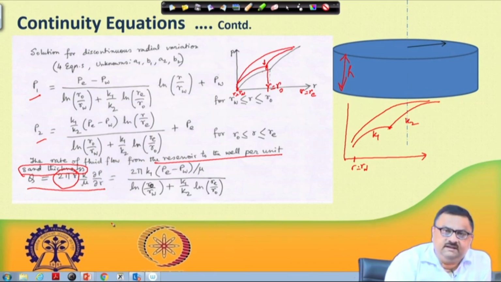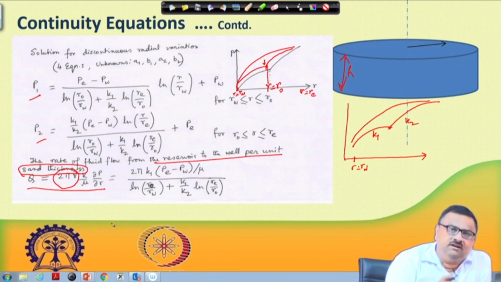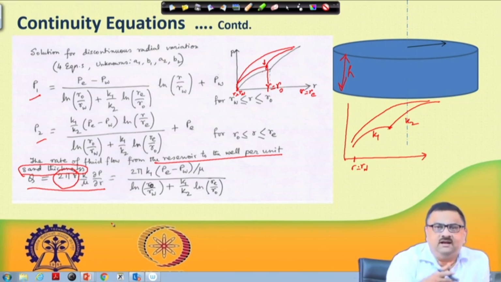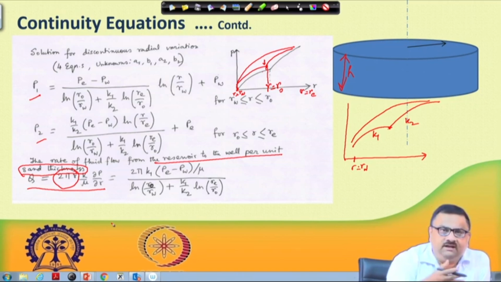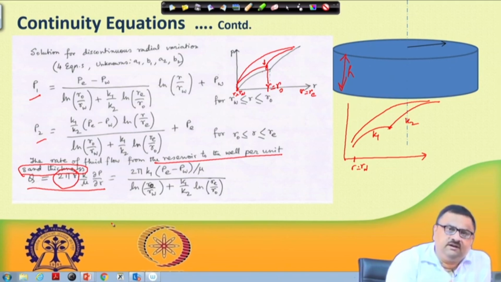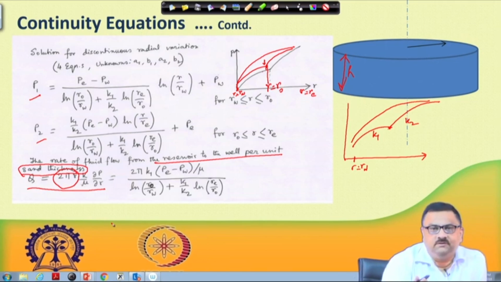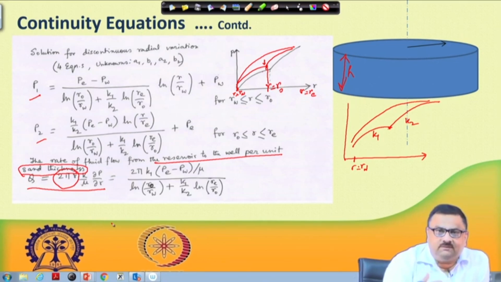Last time we had only one equation, P is equal to C1 ln R plus C2, and our job was to find out what C1 and C2 are, plug them in, and then write minus K by mu del P del R and be happy with that as an expression for VR. But now, since we have two different permeabilities, we have to solve this Laplace equation for the two domains, one with permeability K1 and another with permeability K2, and they have to be coupled at the interface.